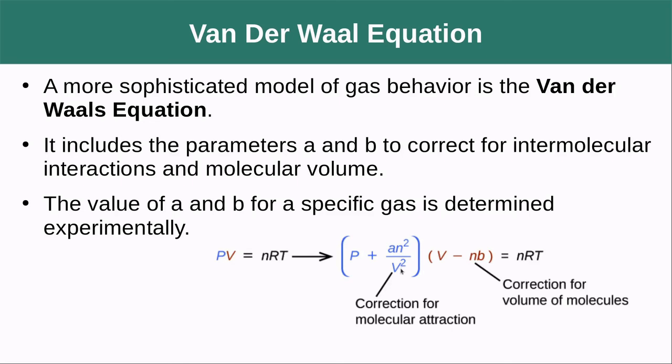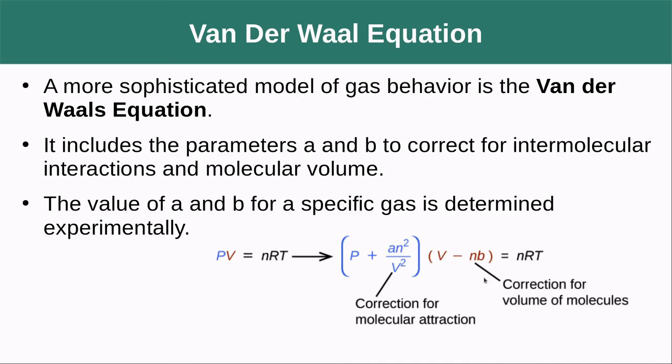What they're really trying to do here is, if you look at A, this is accounting for the molecular attraction. It multiplies times n squared, which gives you the sense that with more molecules interacting, their interaction is a little bit more, and it's going to make this term larger. Then over here we see a correction on the volume, and this is to correct for the volume of the gas.